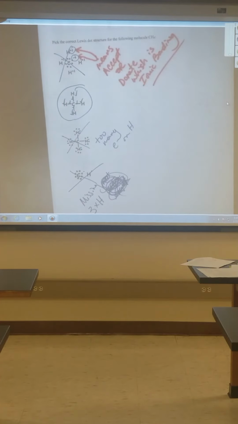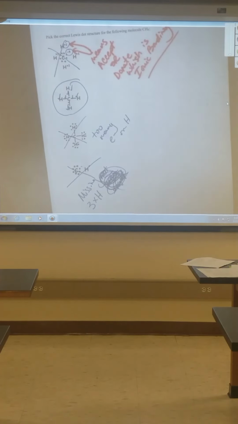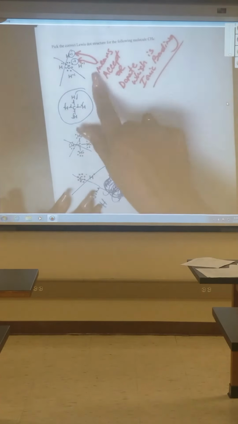I don't know if I said it or not, but I want to definitely make sure. The other thing that you're going to see on the test day is brackets. Brackets indicate accepting and donating. Another thing that indicates ionic bonding is arrows.